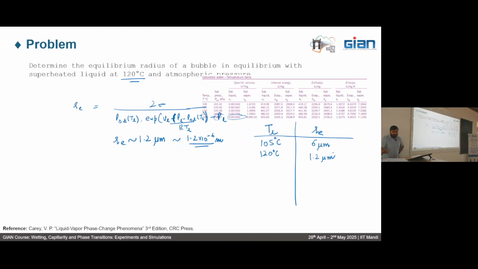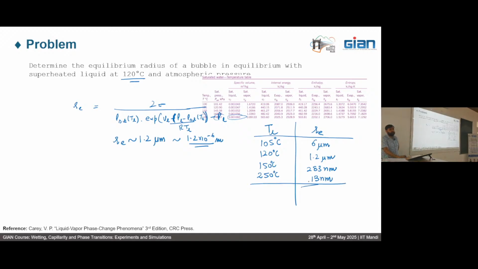If we further increase this to 150 degrees centigrade, it becomes almost 5 times smaller, so it is around 283 nanometers. And if the temperature is around 250 degrees centigrade, it turns out to be just 13 nanometers.